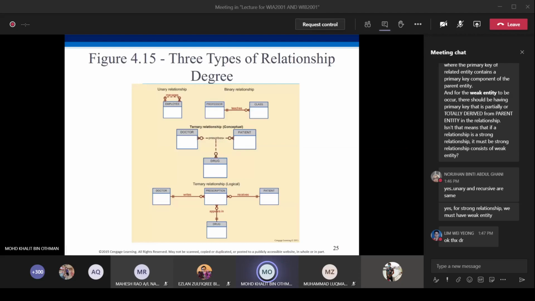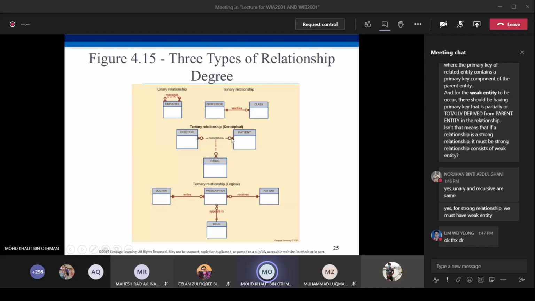And for the third diagram, we have three entities: a doctor, a patient, and a drug entity. This is a ternary relationship. A ternary relationship implies an association among three different entities, which are doctor, patient, and drug. Here we can say that a doctor writes one or more prescriptions.